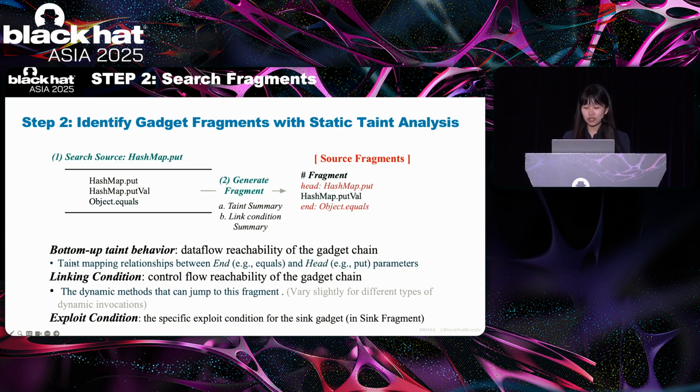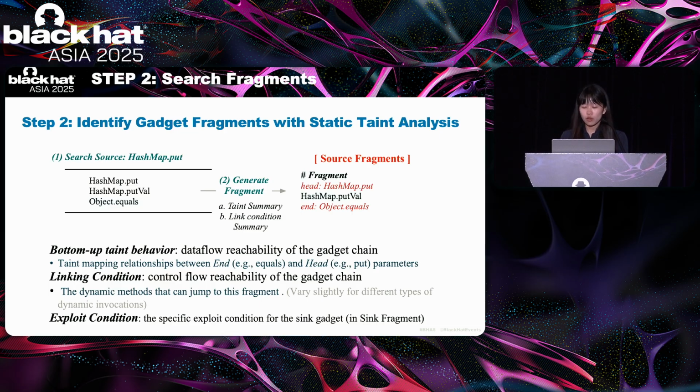And secondly, JDD will also record the conditions on how to link this fragment. And this condition will ensure the control flow reachability of the next fragment. And thirdly, for the sink fragment, JDD will also record the specific exploit conditions for the sink gadget.